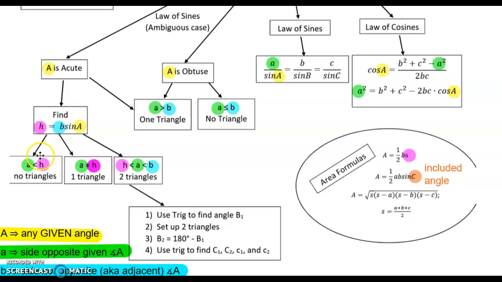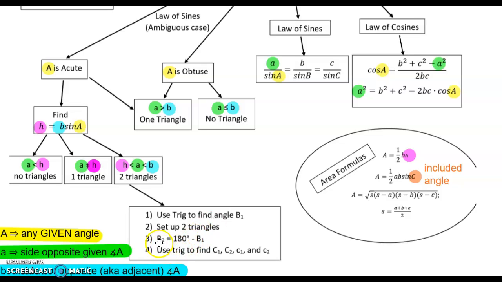So again, if you have no triangles, your problem ends here. There's no problem solving to do because you don't have a triangle. If there's one triangle, then you use the law of sines just as you always have. If there are two triangles, however, then you need to problem solve for both possible triangles. You use the law of sines to find one of your other missing angles.